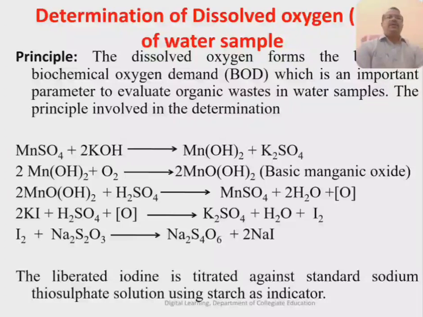Here it forms manganese hydroxide, where the oxidation state is Mn+2. When it is treated with the water sample, the oxygen reacts with Mn2+ and oxidizes it. Nascent oxygen is formed and it forms Mn4+ basic manganese oxide, and this manganese oxide releases nascent oxygen and the +4 state comes back to the +2 state of manganese sulfate.